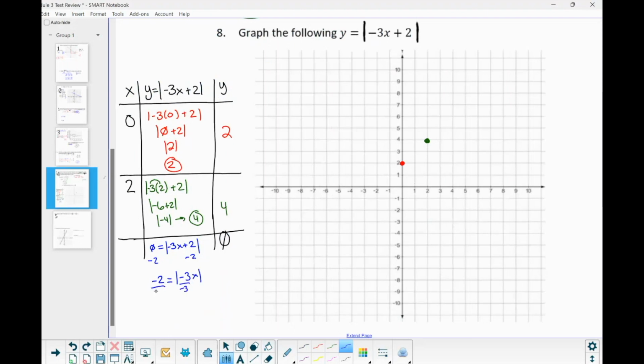Divide by -3, divide by -3. X equals 2 over 3. And that's going to be our X value. So for this one, you're going to have 2 over 3, 0. So we're going to go over 2 over 3, which is somewhere over here, up 0. And I know it doesn't look like it, but when you connect the dots, it's going to give you a V shape.